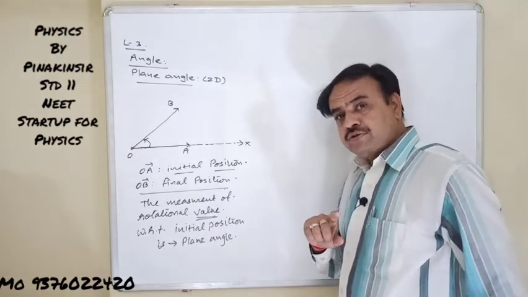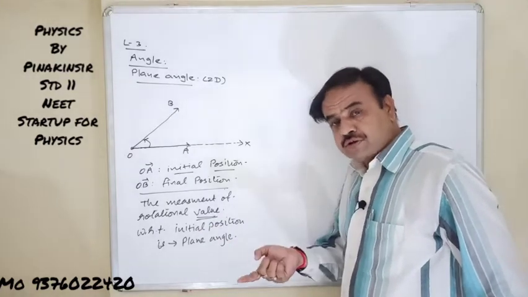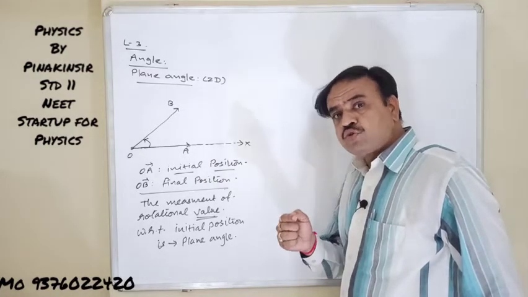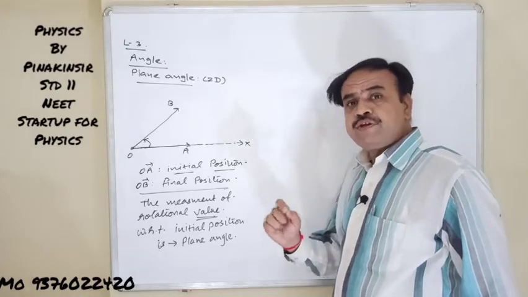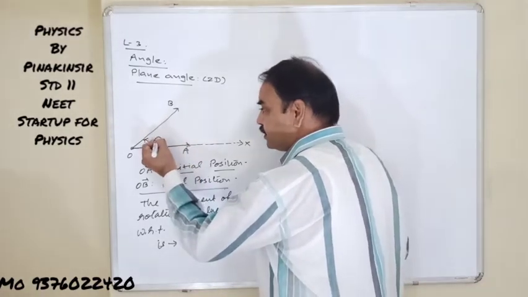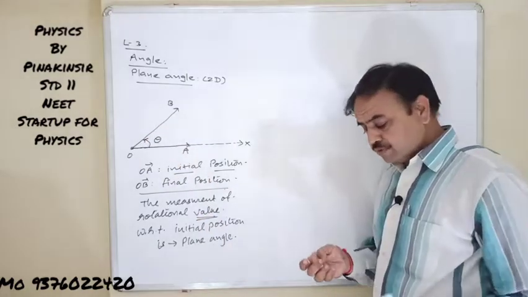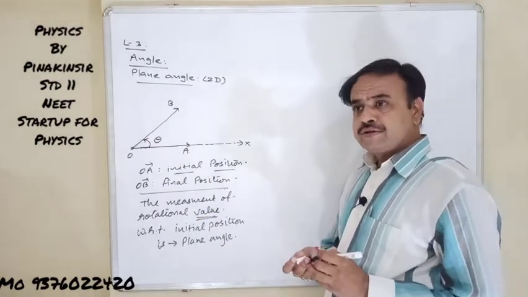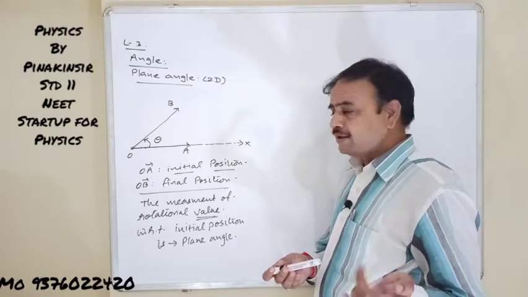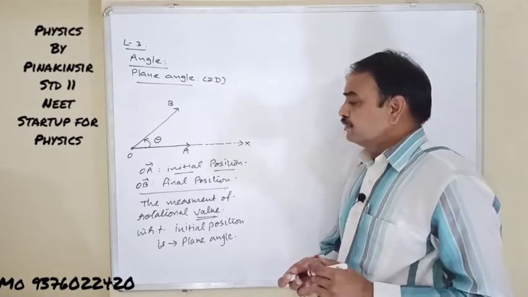Mind well, it is the measurement of rotation, up to what extent that particular ray has rotated, that is said to be the plane angle. In this figure I have assigned theta. In most cases angles are assigned Greek alphabets: alpha, beta, gamma, theta.